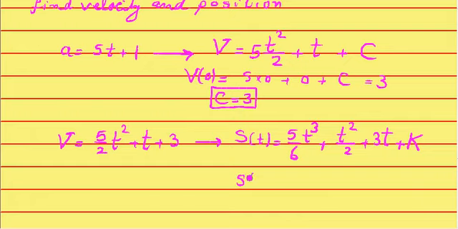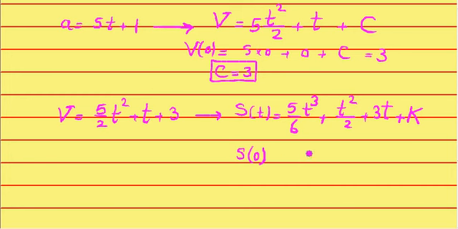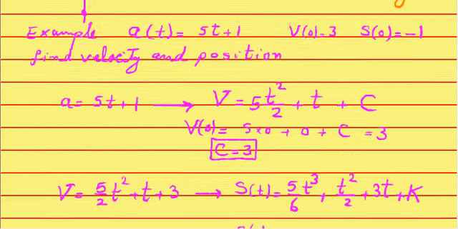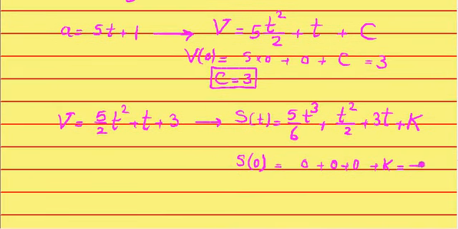Once again, s at time 0 is given to me to be -1. That's the initial position. I go ahead and use it here. I plug in 0, this becomes 0, plus 0, plus 0, plus k. All of that is supposed to be -1. So that tells me that the constant k for this section of the problem is -1.